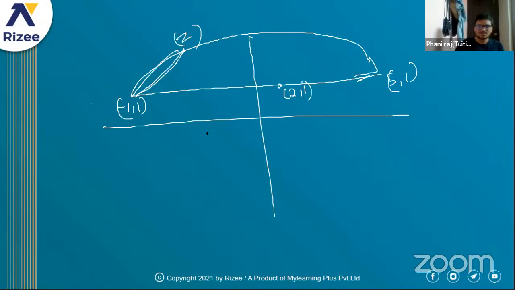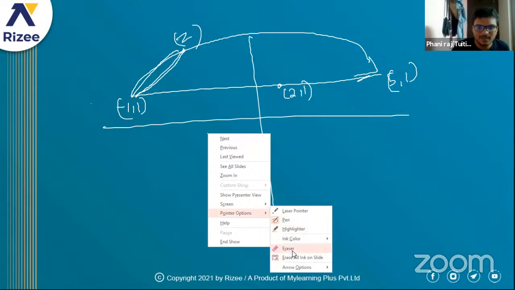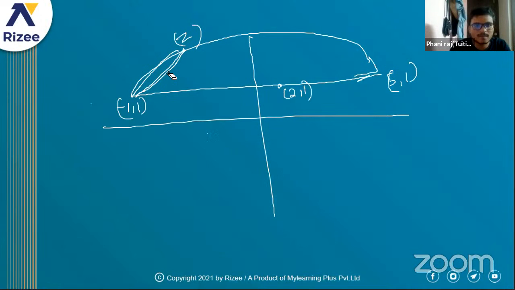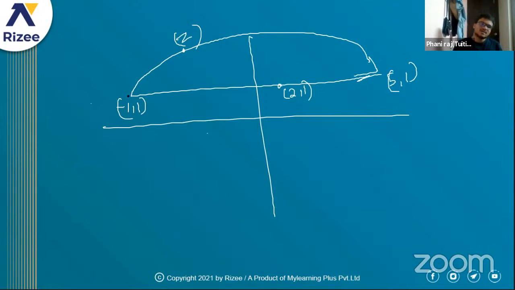Sorry. Eraser. Okay, I'll just use the pointer again. You see, join them. This is a straight line.